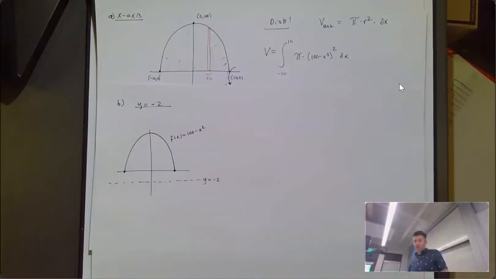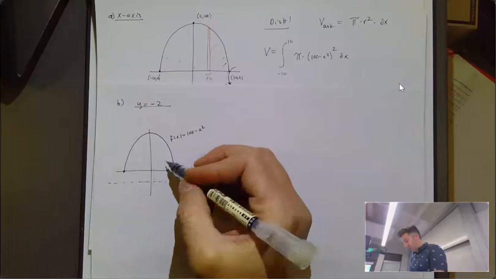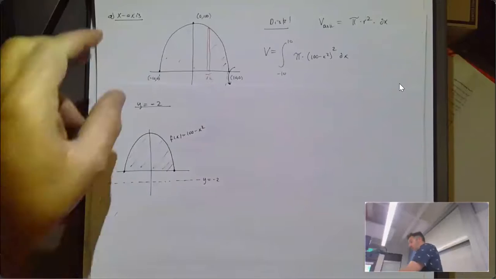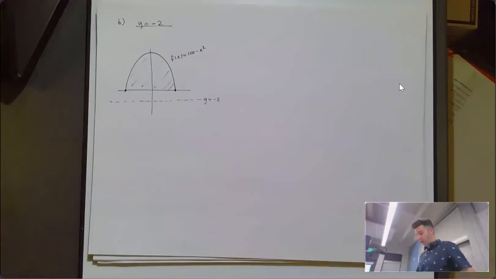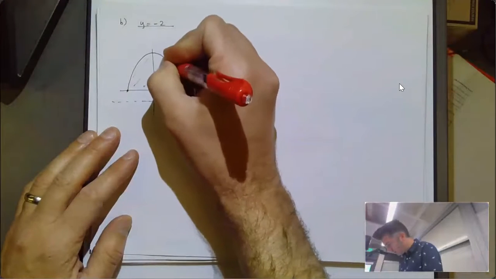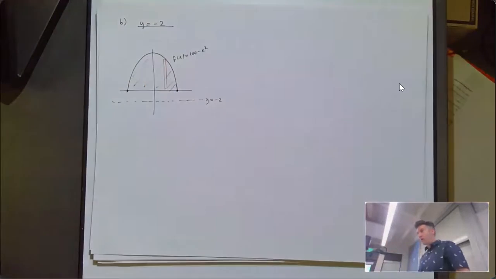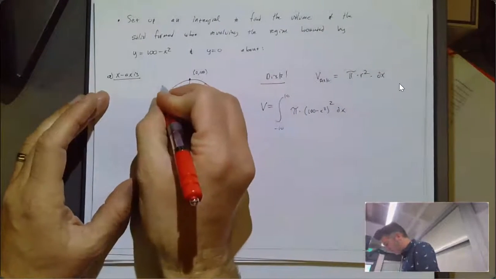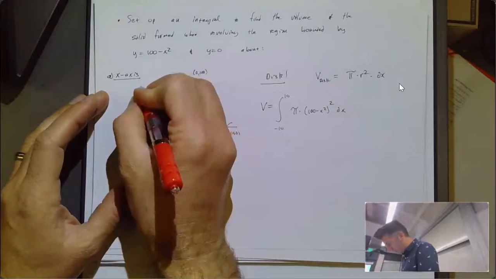Right, I have to use the washer method now because my axis of rotation is not flush with my region, or because there's space between my region and my axis of rotation. I'm still going to use the same strip as before. I still have the same vertical strip. But the difference is, let's go back to before. Before, when I revolved this strip around the axis of rotation, I was just getting a nice disk.